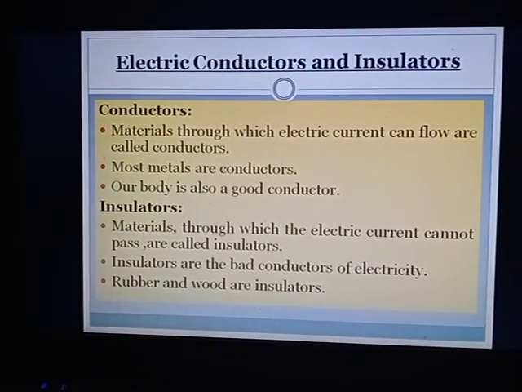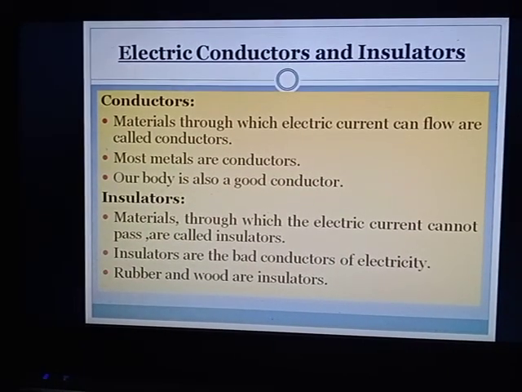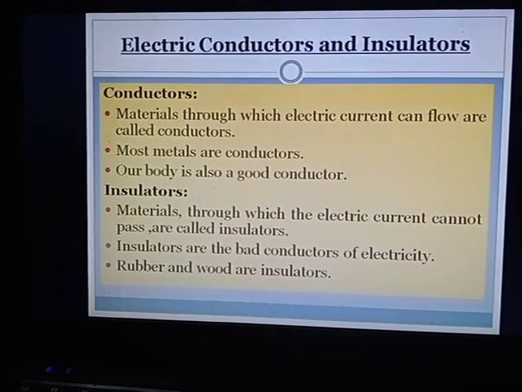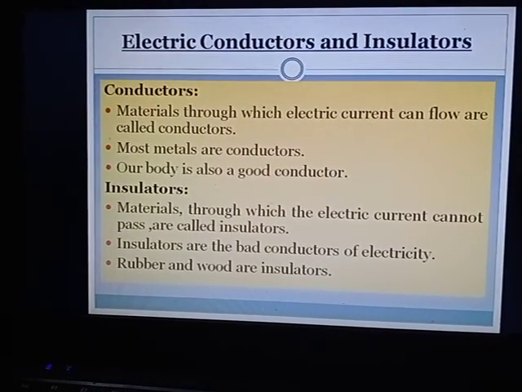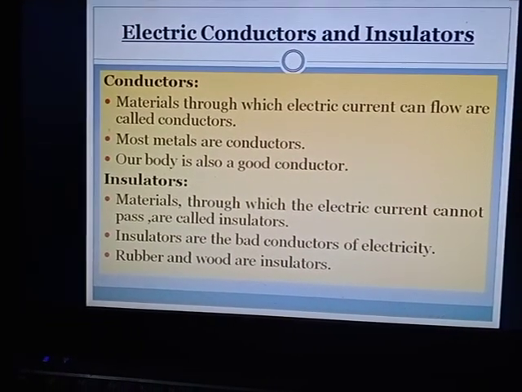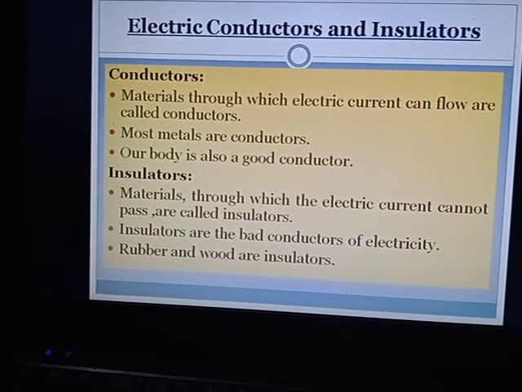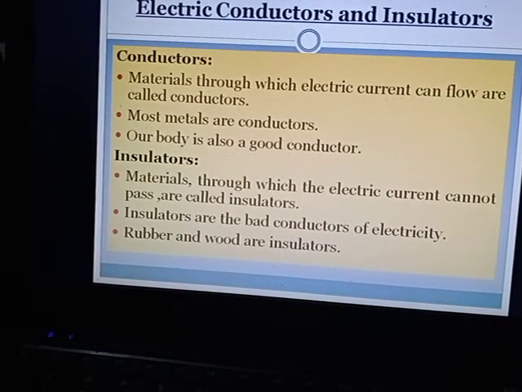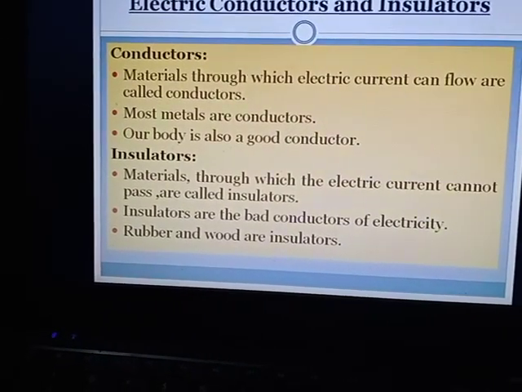Now what are electric conductors and insulators? Conductors are the materials through which electric current can flow. Conductors are those materials which allow the electric current to pass through them. Most of the metals are conductors.